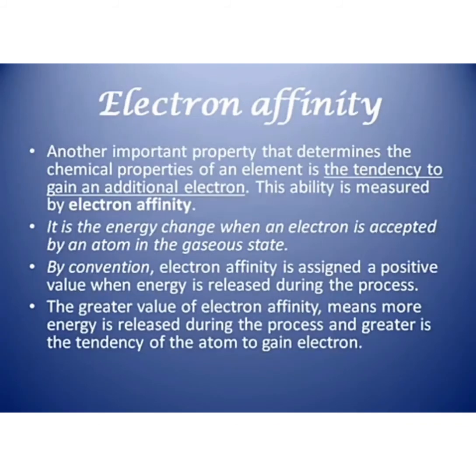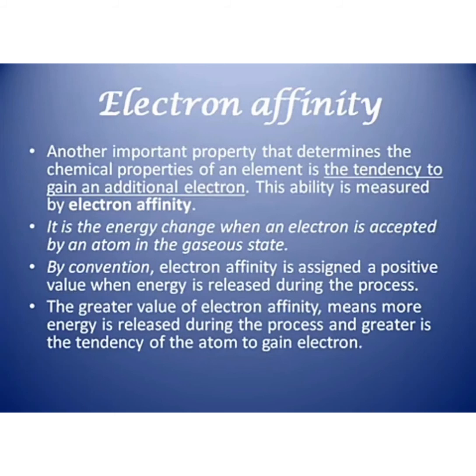Electron affinity or electron gain enthalpy is the tendency to gain an additional electron. It is the energy change when an electron is accepted by the atom in the gaseous state. The electron affinity is assigned a positive value when energy is released during the process.